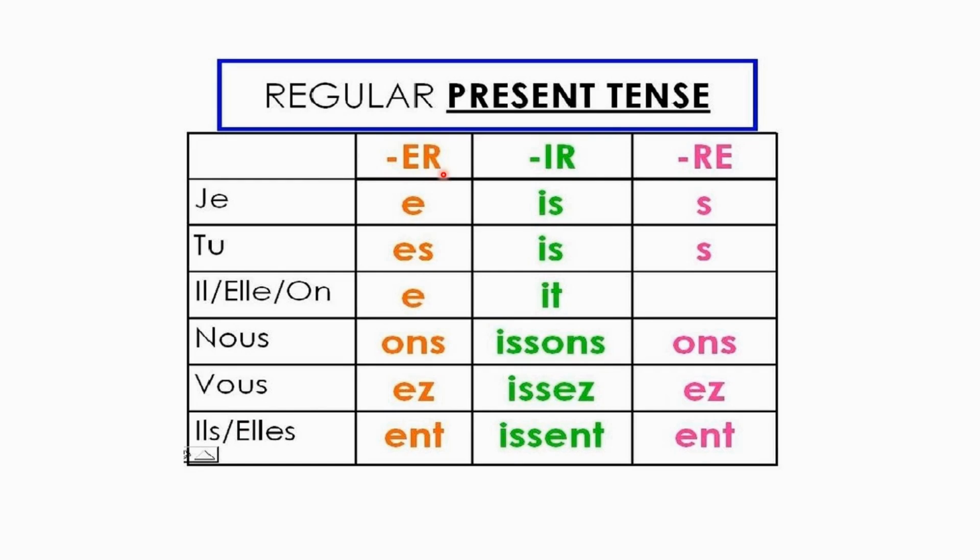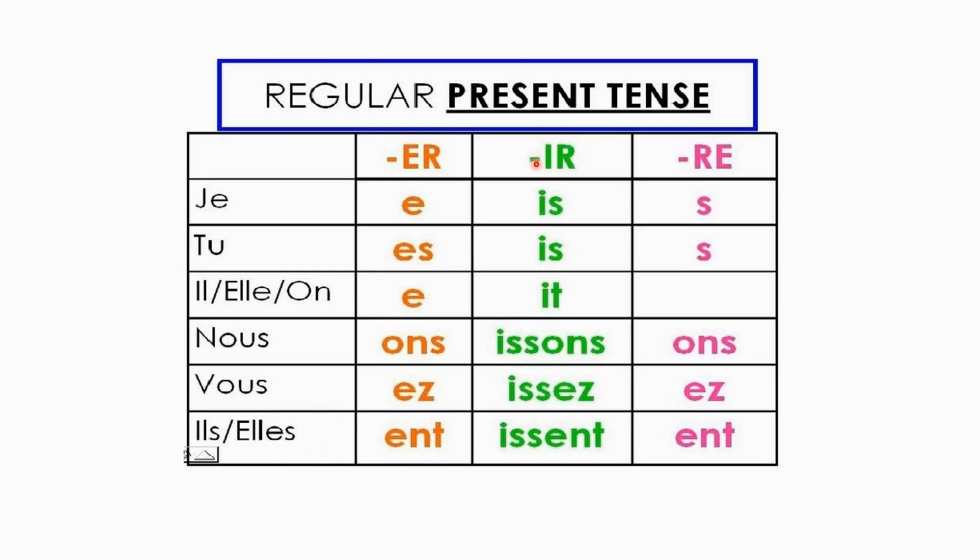For ER ending verbs, in the present tense, you remove the ER from the verb and add E with je, ES with tu, E with il, ONS with nous, EZ with vous, ENT with ils.